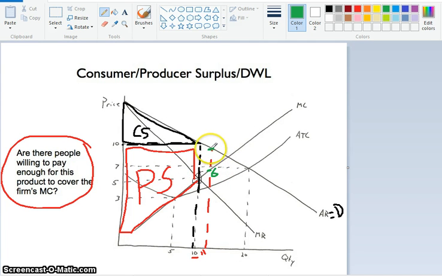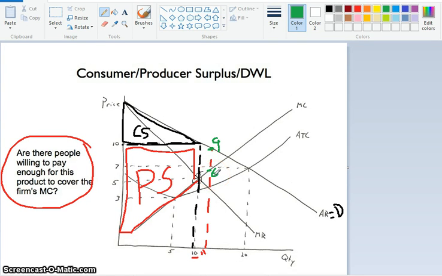And the average revenue, the price that people would pay, let's call it 9. So it seems like, man, you should produce this. I mean, you could get people to pay a price of $9, which is in excess of the cost for that unit. That seems like you should do that.